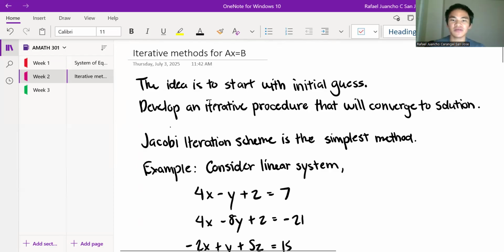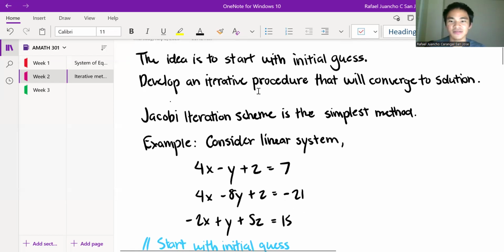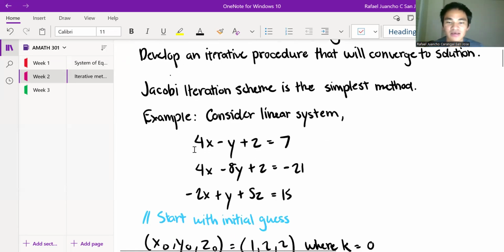And we also talked about iterative methods, which is this idea of starting with an initial guess, right? And as we continue to increase our k, or our iteration, then we will converge to a solution, or we will get closer and closer to a solution.